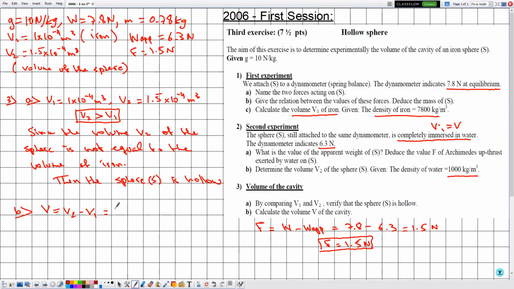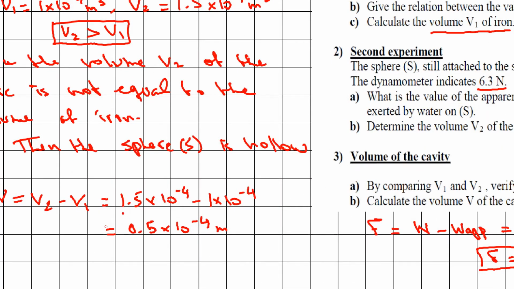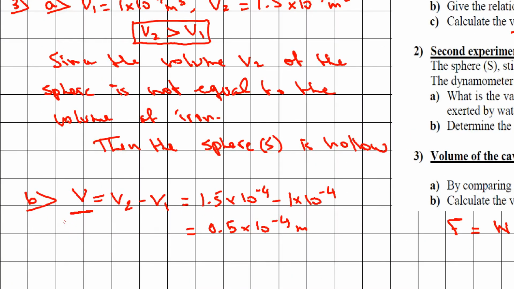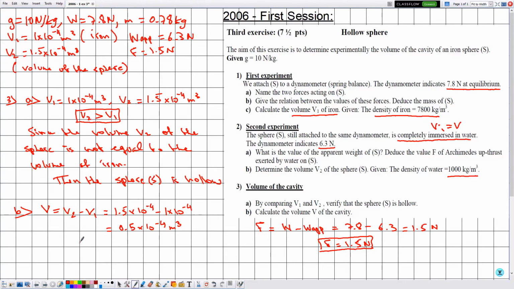Now the value of V2 is 1.5 times 10 to the power minus 4, and the volume V1 is 1 times 10 to the power minus 4. Plugging this into the calculator, the volume V of the cavity is 0.5 times 10 to the power minus 4. Since both V2 and V1 are expressed in meter cube, the volume V will be expressed in meter cube. Now V is equal to 0.5 times 10 to the power minus 4 meter cube.